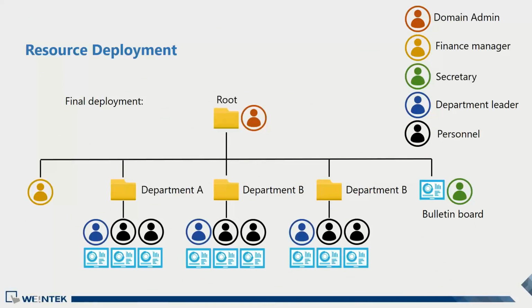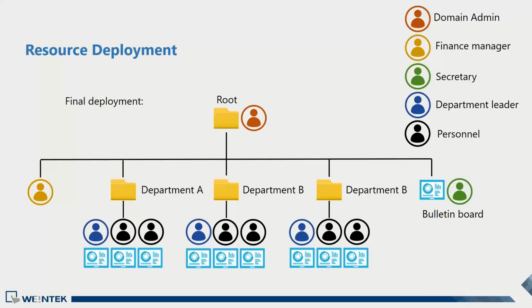One is the domain administrator, and they have a finance manager, who can monitor the departments and get the values. And one is the secretary, who can only see the bulletin board HMI. Each folder symbolizes one department. So each department has 3 members, one is the leader, and has 3 HMIs.